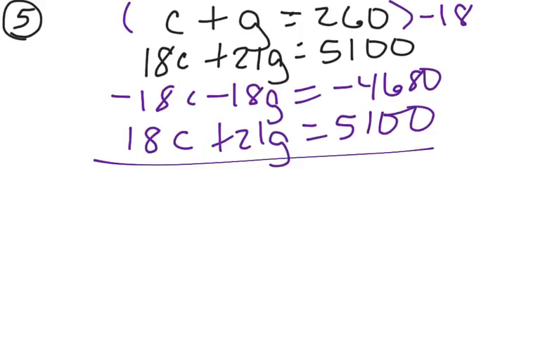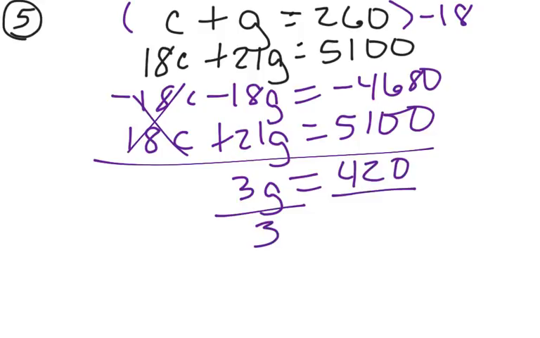Draw a line and combine. Your C's are going to cancel. That's what I wanted. Negative 18 plus 21 gives me 3G equals negative 4680 plus 5100 gives me 420. Divide by 3. And so G equals 140.